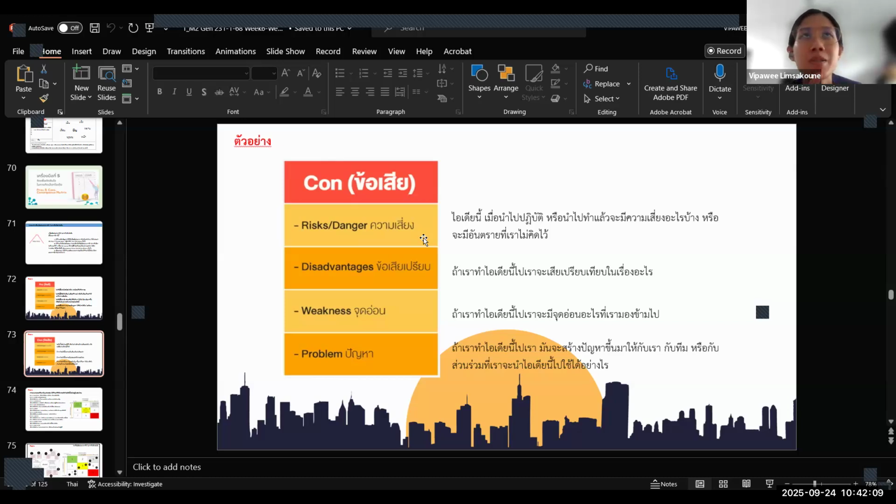Oh, I forgot to tell you this one. Regarding unsafe condition, there is another one regarding food, because last week I didn't tell you about this experience. Water bottle, right? Last week we had an example of a water bottle that can store temperature for a long period of time.